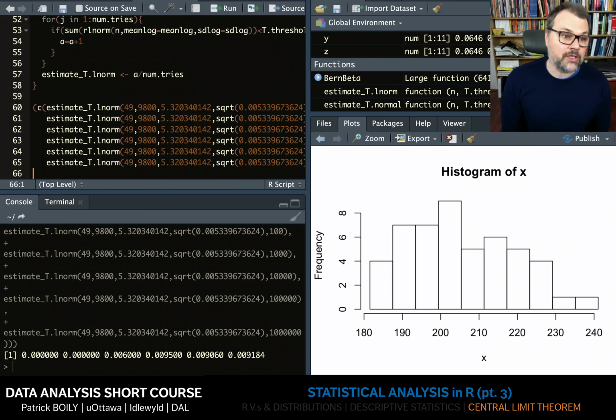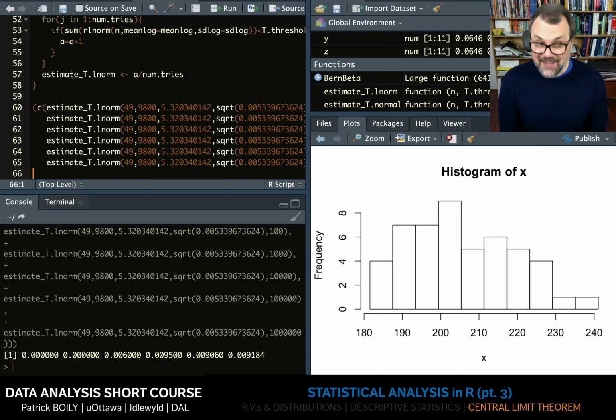What we're interested in estimating is the probability that the sum is smaller than 9,800, and there's 49 boxes. So what I really want is that the mean weight for boxes in my sample should be below 9,800 divided by 49, which is exactly 200.